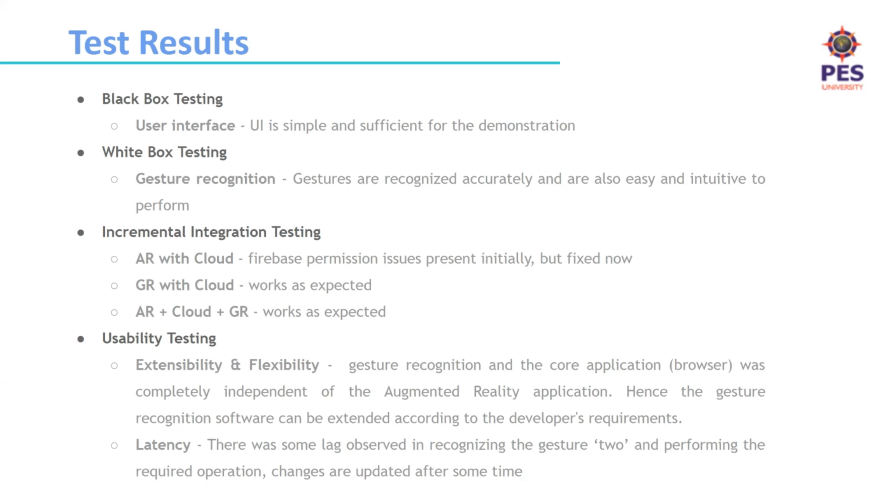For example, for gesture recognition, if the user wants a different set of gestures or a different gesture recognition algorithm, it's easy to just substitute that one component. So it's highly extensible and flexible. And for latency, there was an initial lag observed for certain gestures, primarily due to cloud syncing and internet connection time, but it was resolved to a large extent.